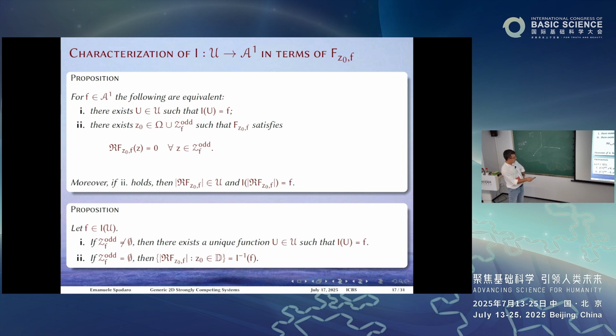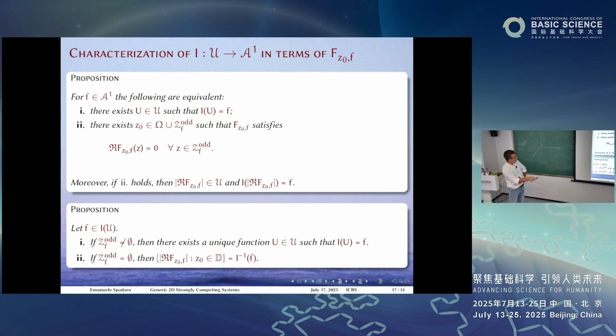So there exists z naught in our domain, we'll explain this, such that when we take the primitive of the square root of this f, the real part of this primitive is 0 on all the zeros of f with odd multiplicity.